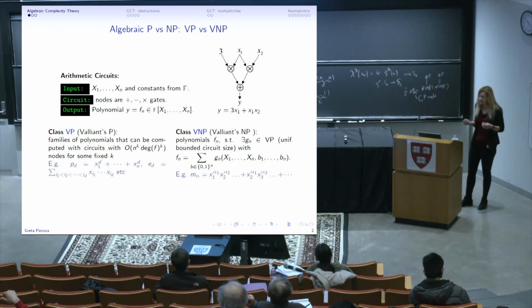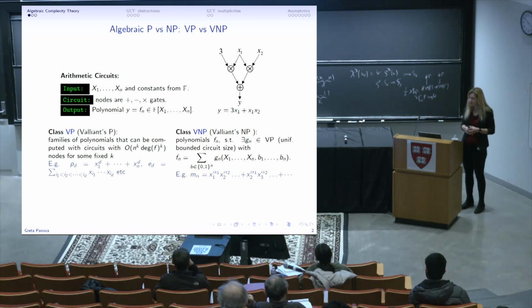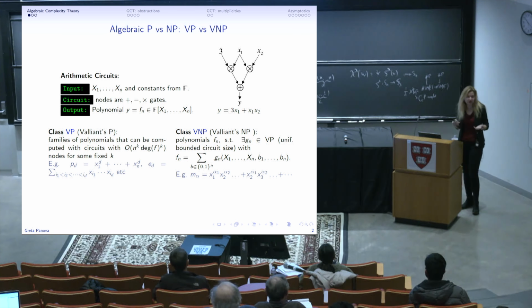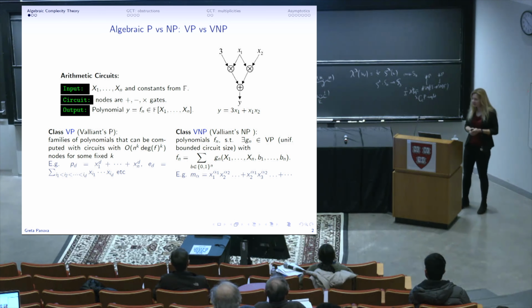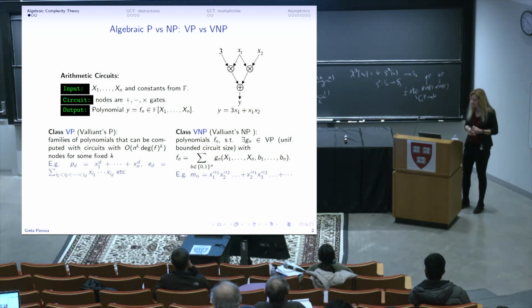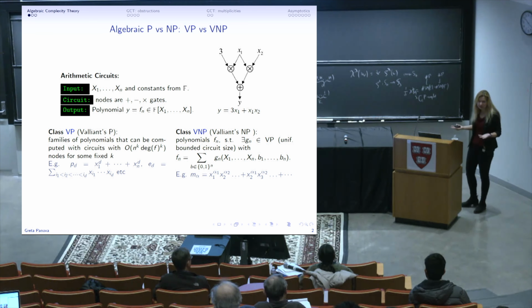It is the class of polynomials which we can write as an exponential sum over polynomials, which themselves are indexed somehow by this sequence B, but we can also put it as an input here, so it's 0, 1 entries. So it's a sum of exponentially many evaluations of some polynomial which is from VP.